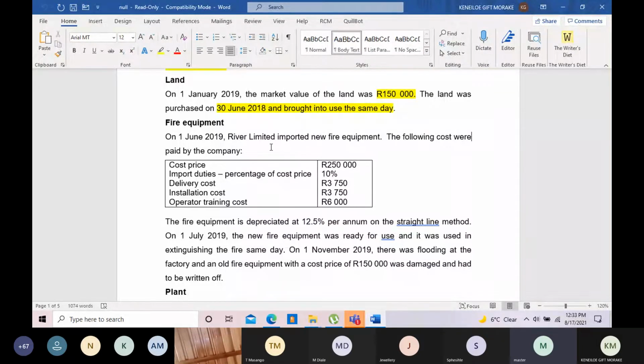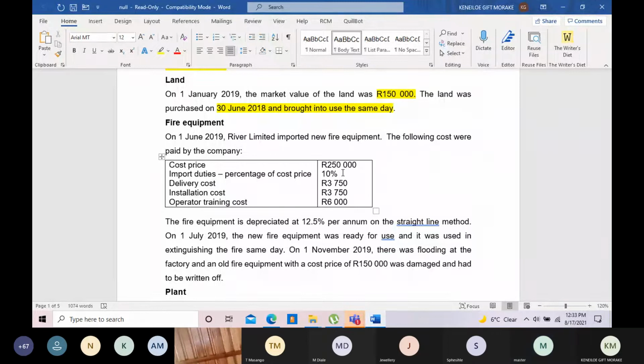Now what we have to do is take the 250 and multiply it by 10%.